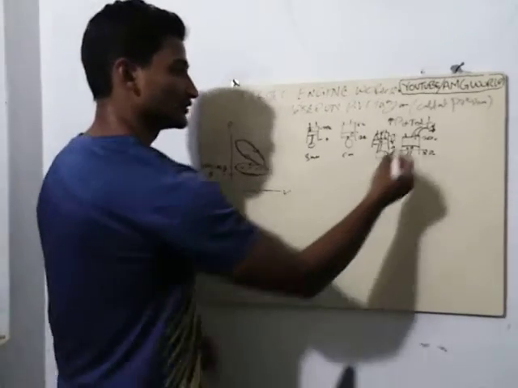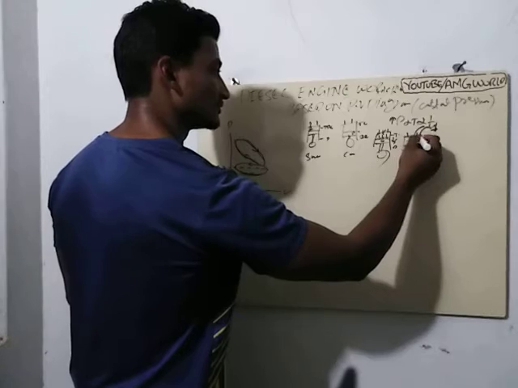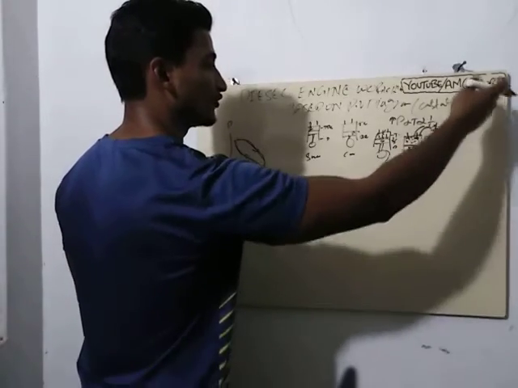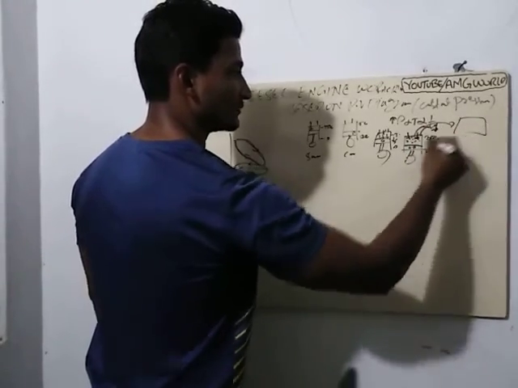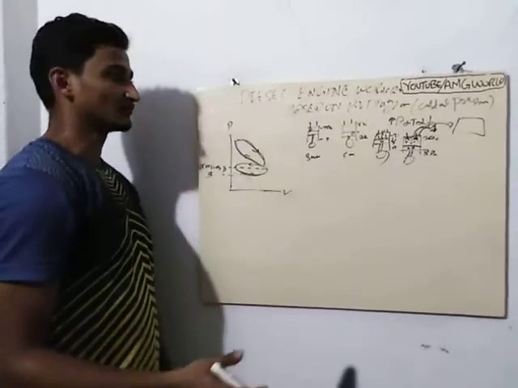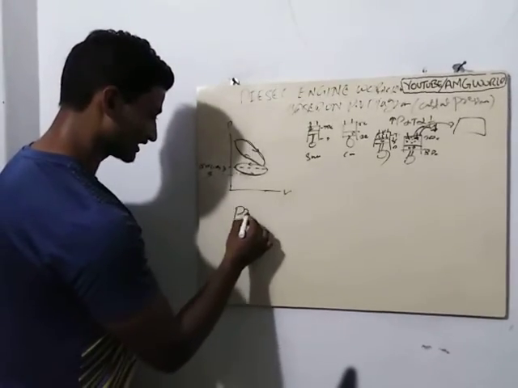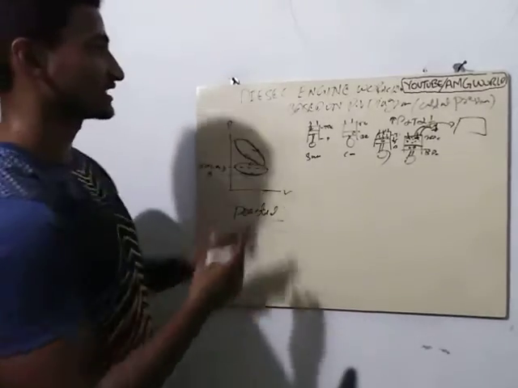At this condition, we have the exhaust valve opened, which makes these particular charges flow away from the engine cylinder into the atmosphere via a mechanism we call the exhaust system of the engine, right? This is the theoretical, this is the practical one. So practical working of diesel cycle engine.